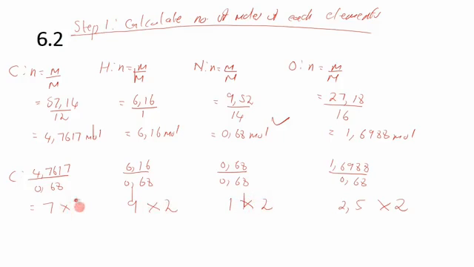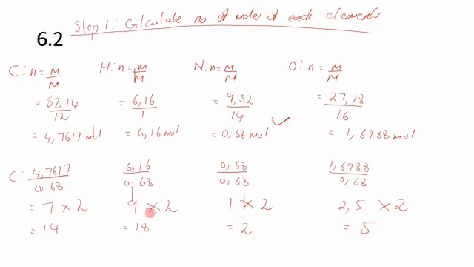See? So now that means we'll have 7 multiplied by 2, that's 14. And then 9 multiplied by 2, 18. Then 1 multiplied by 2 is 2. 2.5 multiplied by 2 is 5.